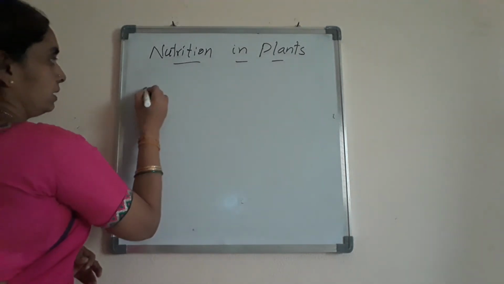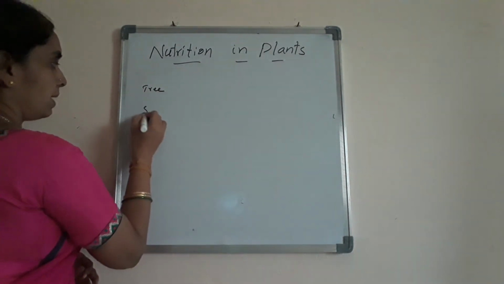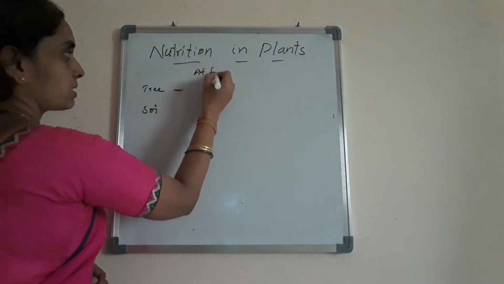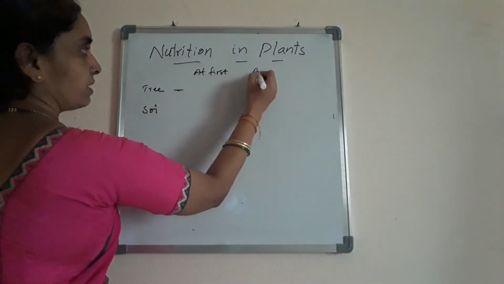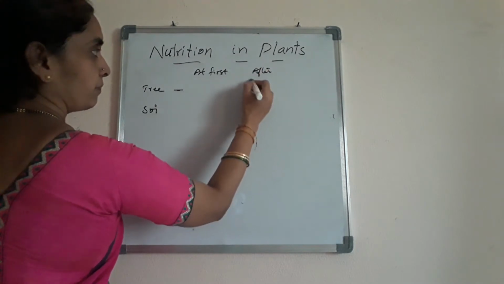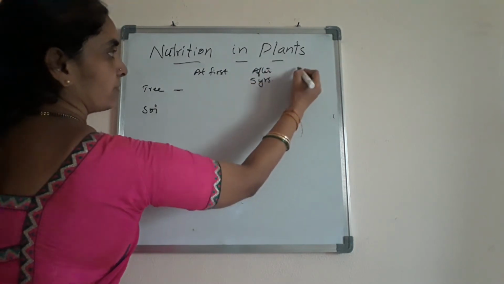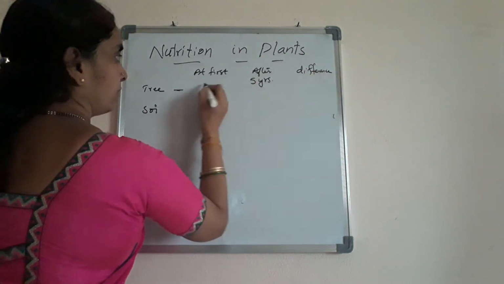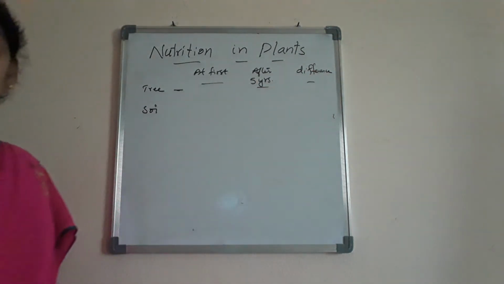So, mass of the tree, mass of the soil. At first, how was the mass of the tree, and after 5 years, how was the mass of the tree and soil and their difference? What did he observe?